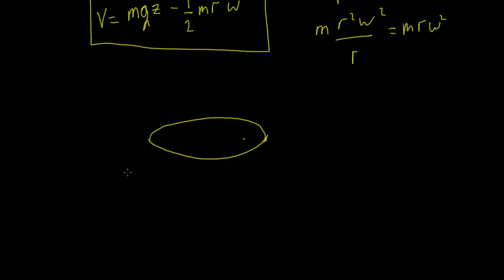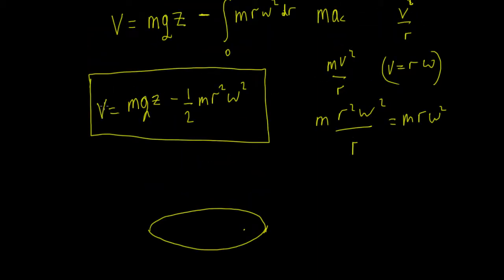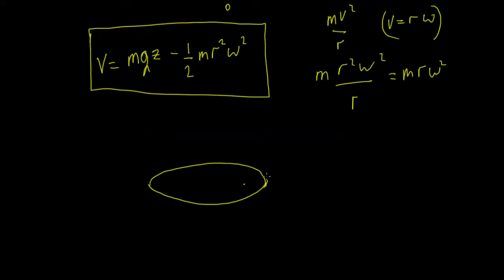So if all the forces are balanced, then from this simple equation here, that means that the overall potential here is a constant value. So if we pick the point for a constant value to be just the surface of this, then we're able to say that this m g z is just equal to a half m r squared omega squared.